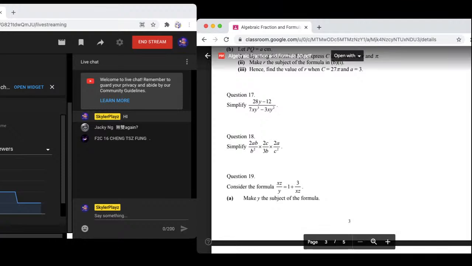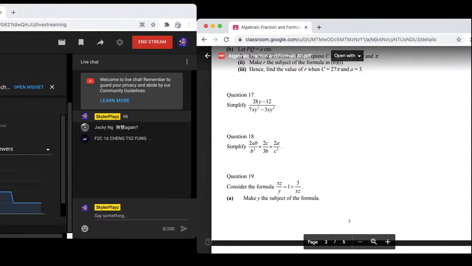38. 2ab squared times 2c over 3b times 2a over c cubed, cancel out, b cancels to b, and then c, and then c squared turns to... okay, nothing to cancel.